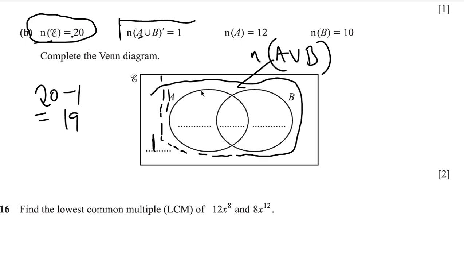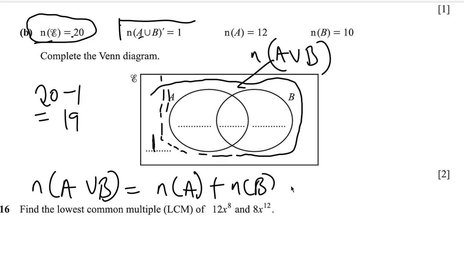Now, that's why you should know this property that says that N of A union B is equal to N of A plus N of B minus N of A intersect B. So N of A union B, this is very clear, is simply N of A plus N of B minus those that are both in A and B, because we don't have to start counting them again, right? They have already been counted in their respective zones.